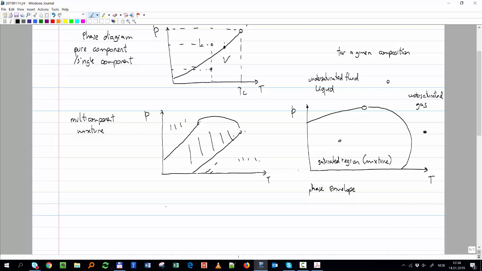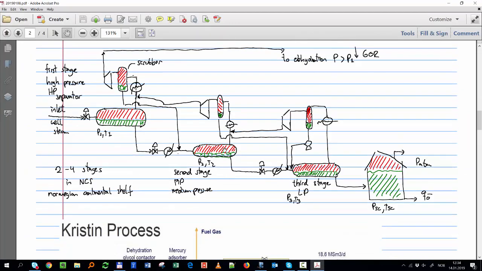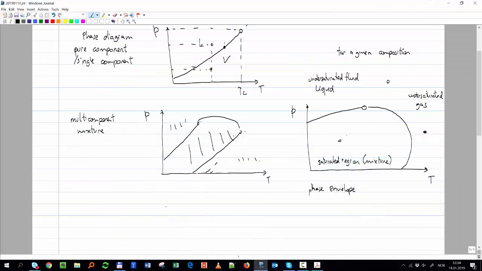So when I have my multi-stage process, here I have one composition. But it's not going to be the same as the composition entering the second stage, and it's not going to be the same as the composition entering the third stage. So we cannot analyze everything with the same diagram. The diagram is going to be changing.